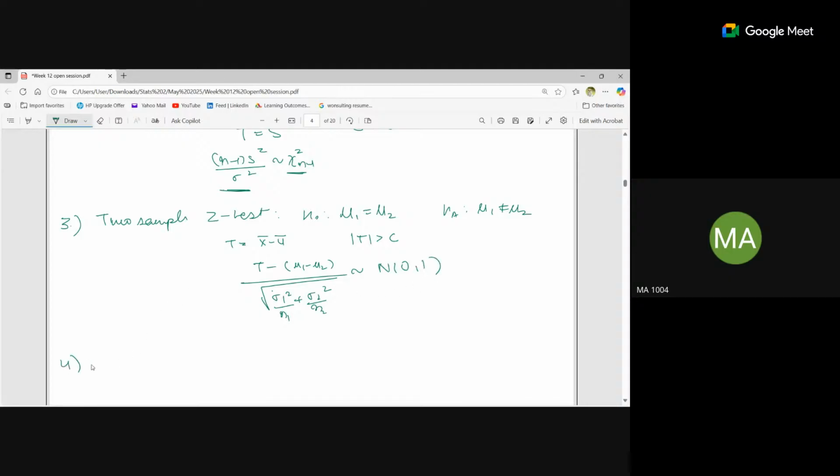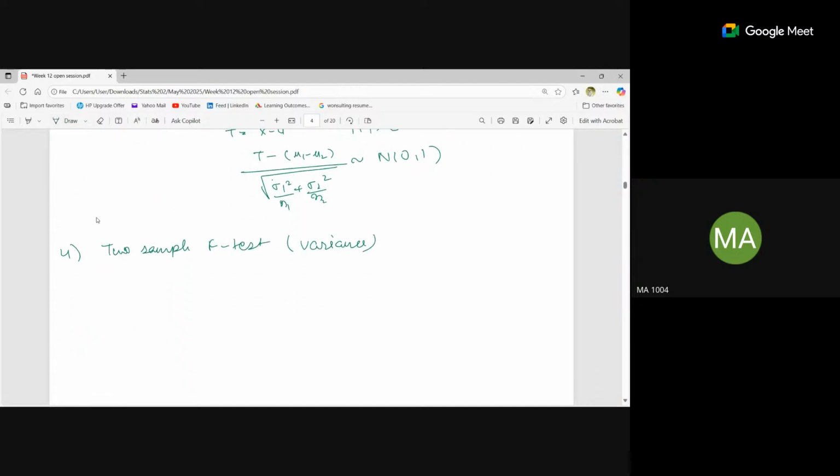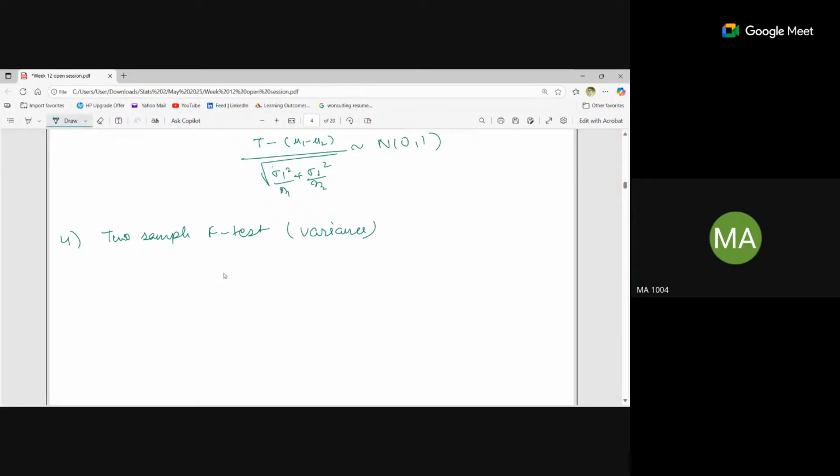Now we have two sample F test. When do we use this test? We use it for the variances, to test whether the two samples are having the same variance or not. In this, my null hypothesis would be sigma 1 equal to sigma 2, and my alternative would be sigma 1 not equal to sigma 2.